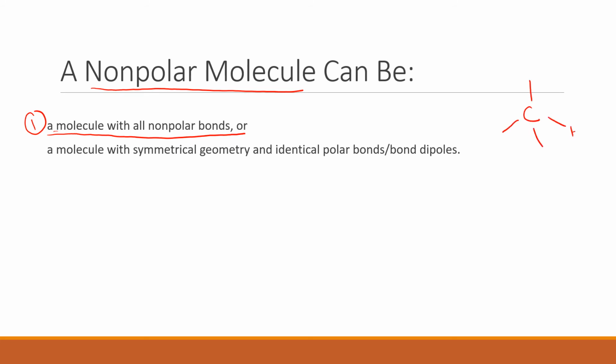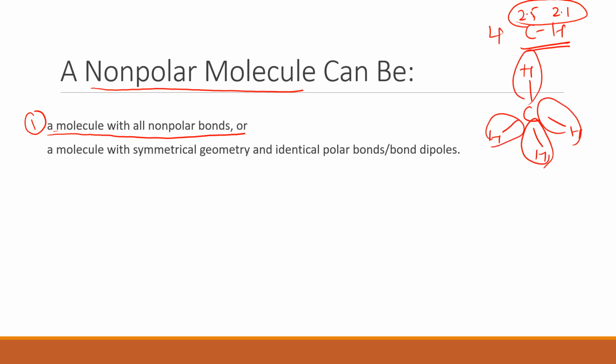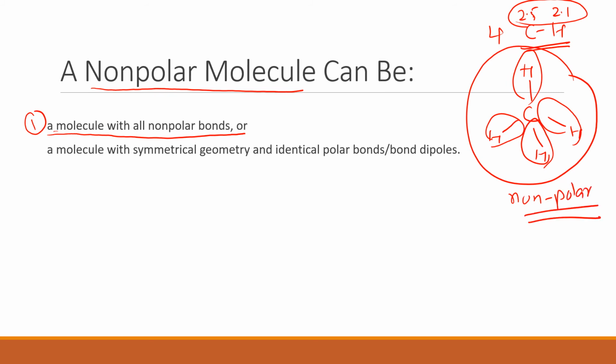In the case of methane, it has 4 different carbon and hydrogen bonds. Now carbon electronegativity is 2.5, hydrogen is 2.1, the difference is too small. So all of these 4 bonds are non-polar. Now because all the bonds are non-polar, this entire molecule is also non-polar. That is one way a molecule can be non-polar.